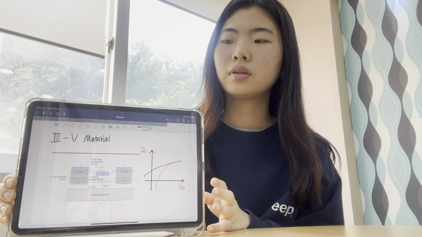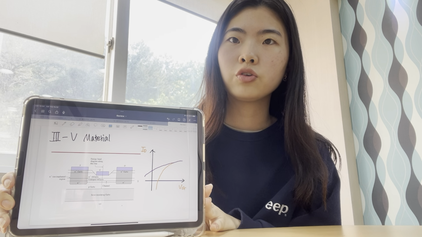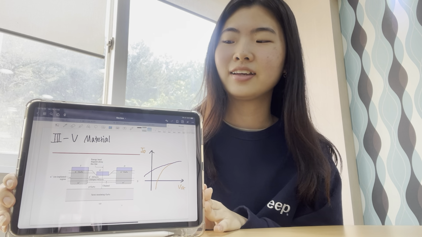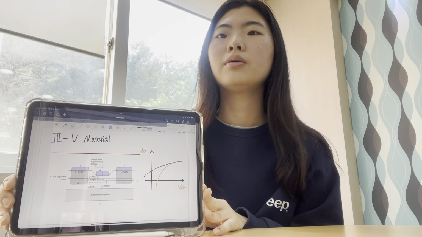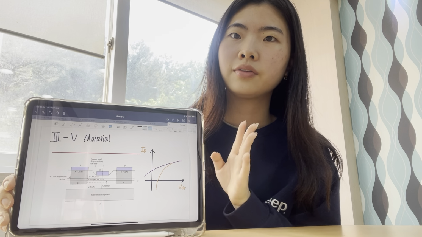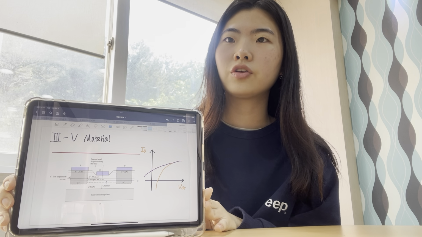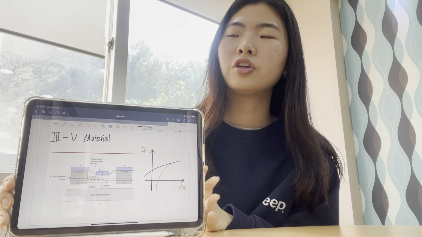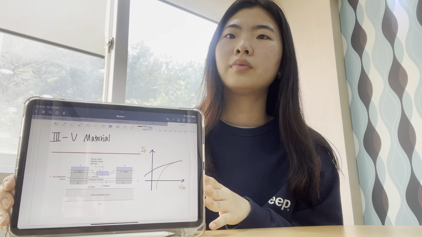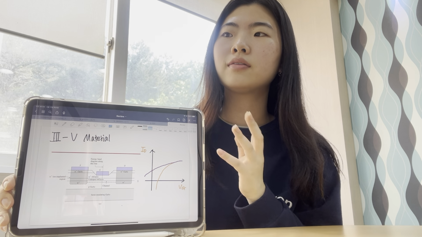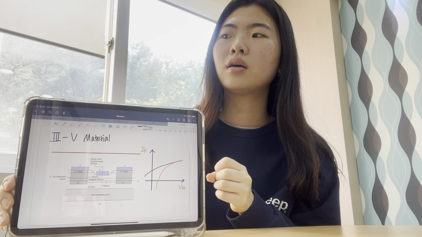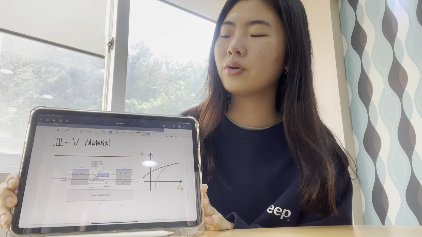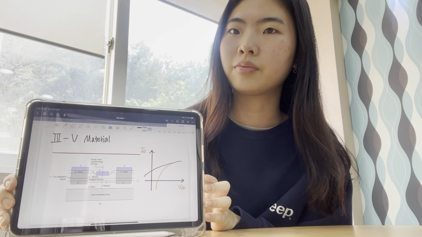This 3-5 material is one of the solutions for that curiosity, but actually I heard this 3-5 material is hard to use in the real world. So it is mostly not used, but the research is always ongoing until now. So let's talk about this 3-5 material.